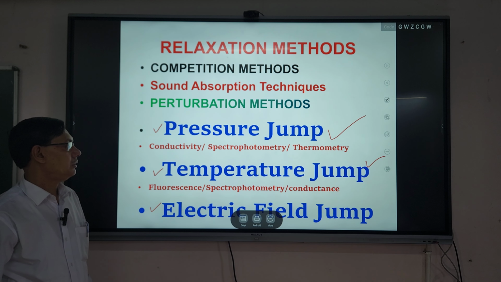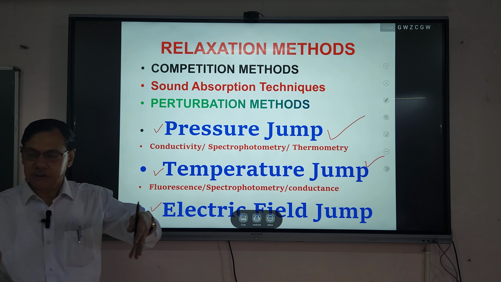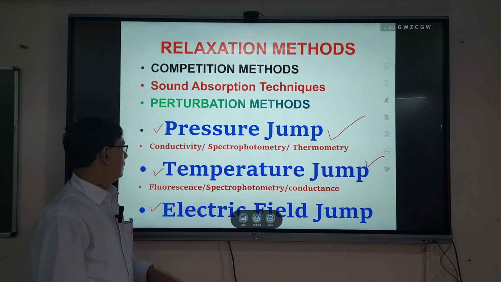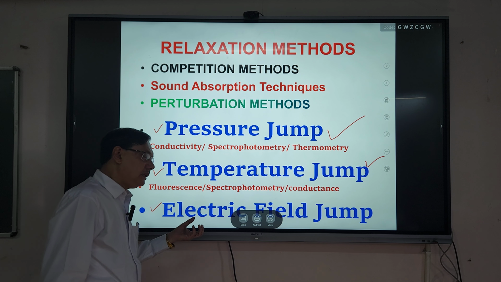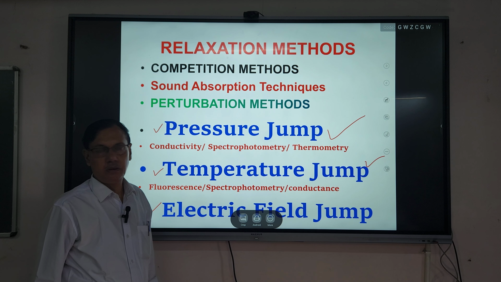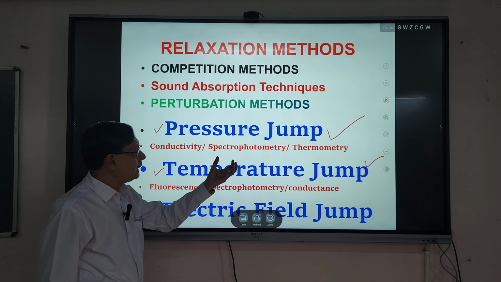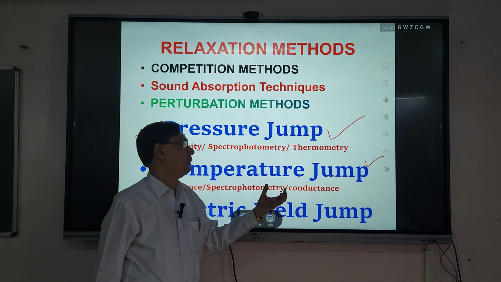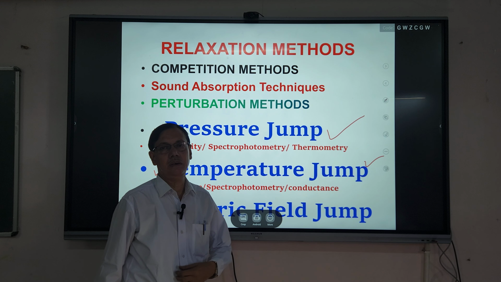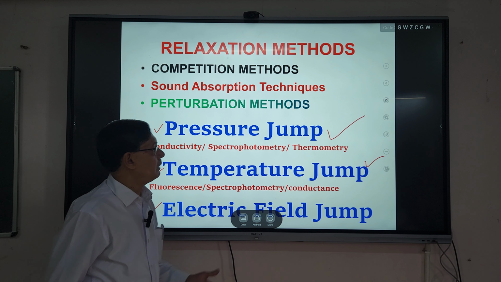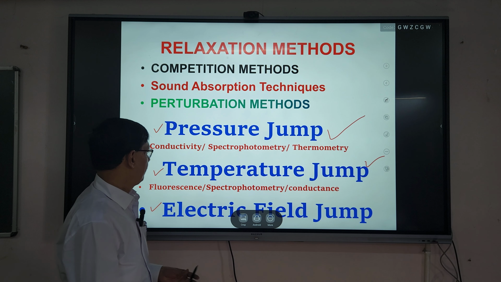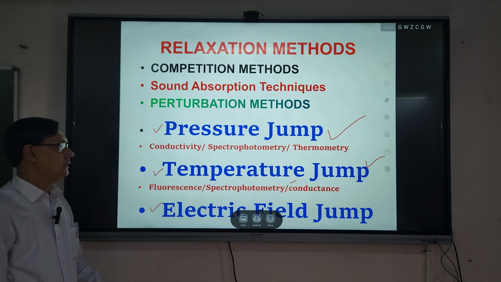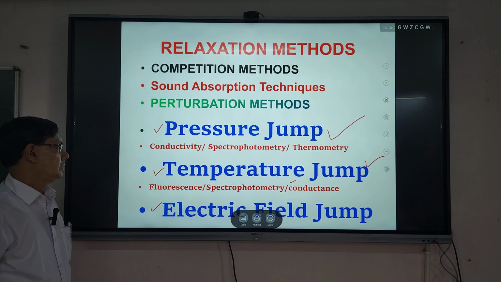Now, it depends upon the types of the instrument. We can monitor the conductivity, the optical density, absorbance, the fluorescence intensity, even we can use the light scattering method, and the conductivity is very simple, as we can measure the resistance and other things.